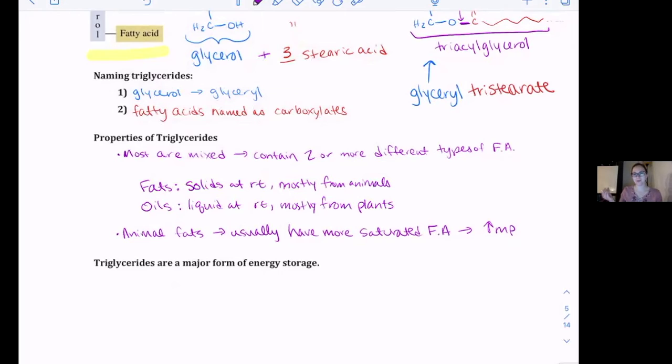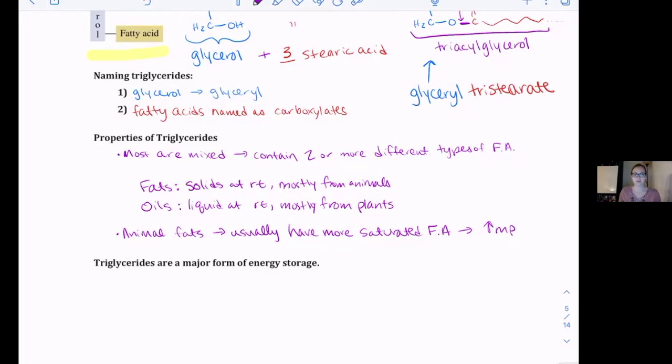It's just how long their chains are, really. Animal fats usually have more saturated fatty acids, so they end up having a higher melting point. They're more solid-like.